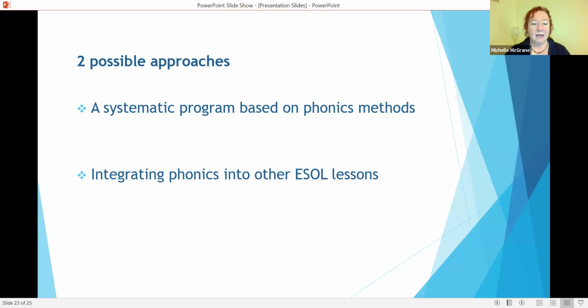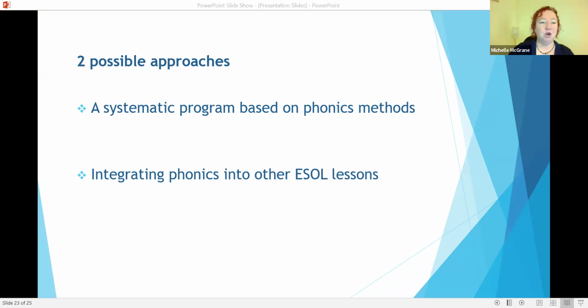So both of those options are available, and both are possible. That should certainly be discussed with an ALO, or the tutor has to make that decision before they start. Sometimes it's possible to do a combination of both, depending on the situation.